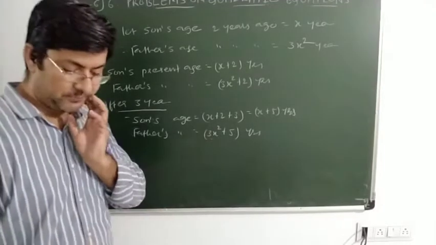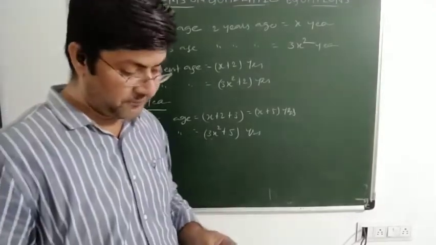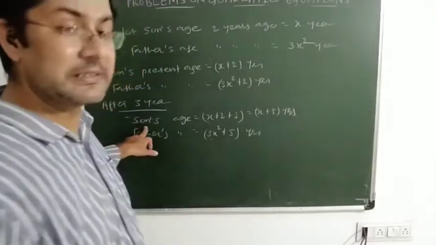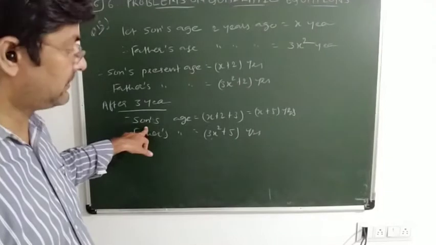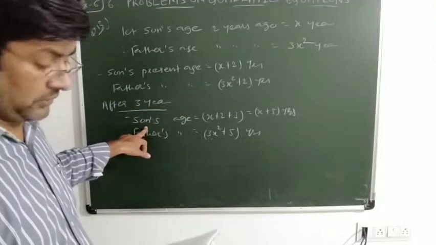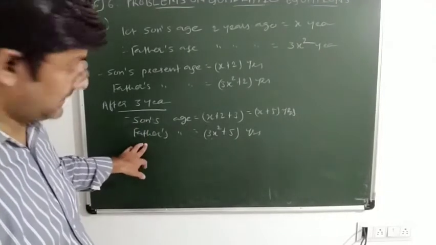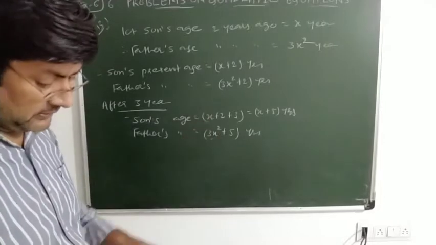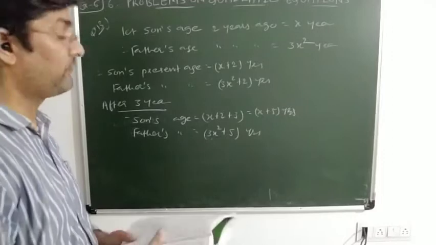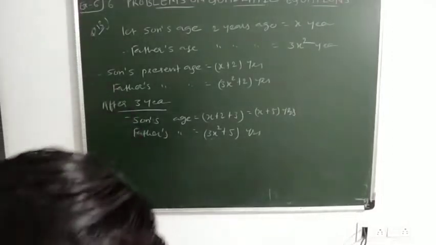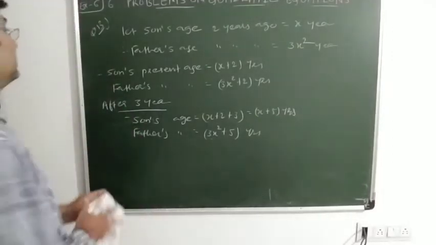You are given the comparison in 3 years time. His age, means the father's age, will be 4 times the son's age. So now we can frame the equation from this comparison.